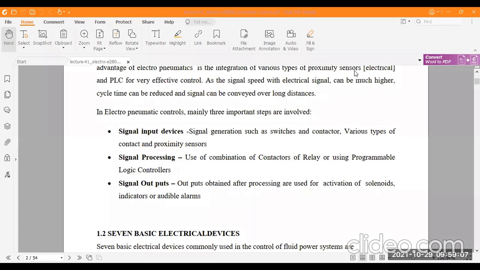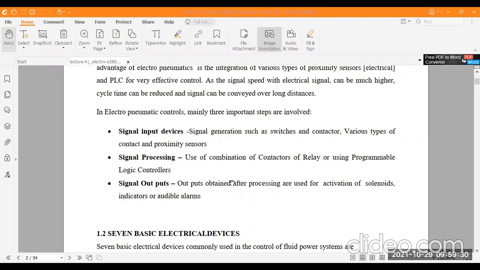Okay, so this is basically the electro-pneumatic controller part. Three important steps are involved in this pneumatic controller part. First one is the signal input device. Number two is the signal processing device. Another one is the signal output device.